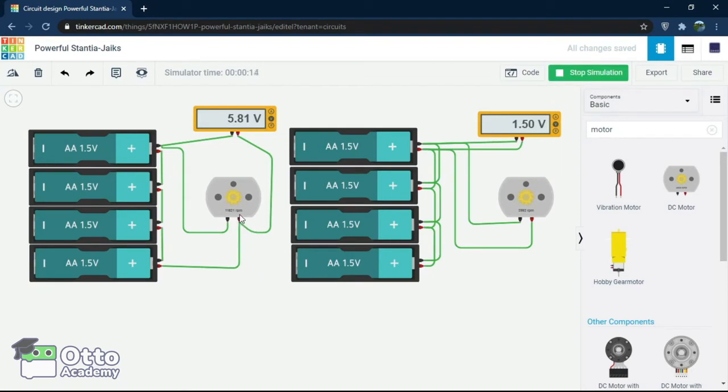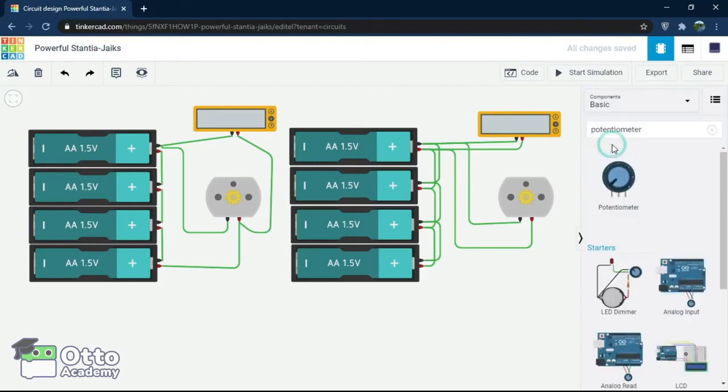As we can see, the left motor moves at 11,820 revolutions per minute, while the right motor barely makes 2,900 revolutions per minute. This shows more voltage in the left series of the batteries. The more voltage we have in the motor, the faster it's going to move.